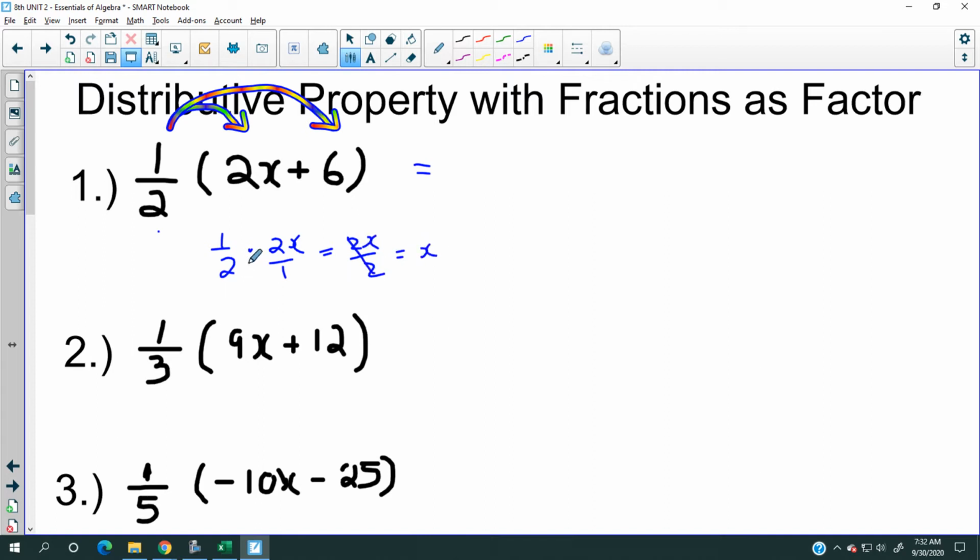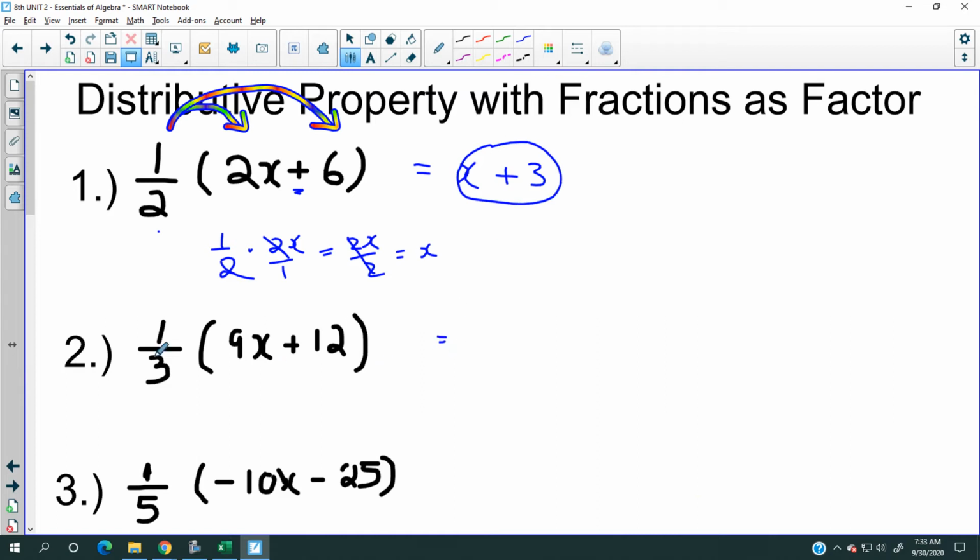You don't have to do that. You can just cancel them out and you're left with x. I did that on purpose, by the way. Now 1/2 times 6, what's half of 6? 3, positive 3. So the answer is x plus 3.